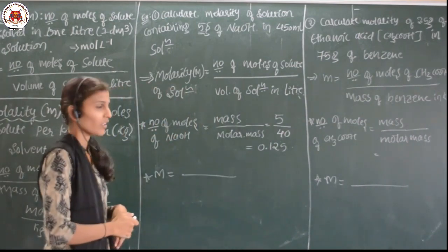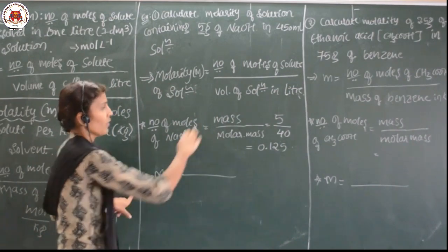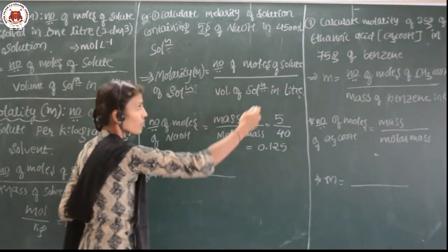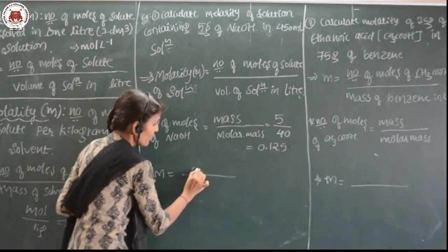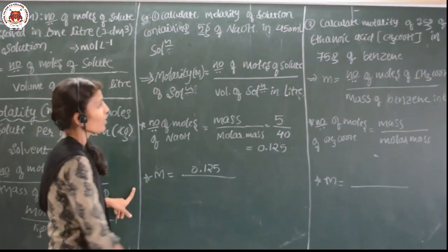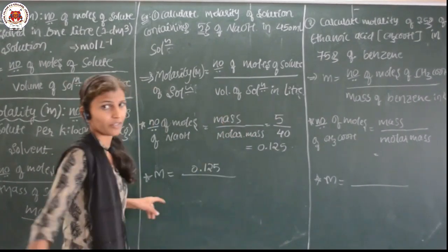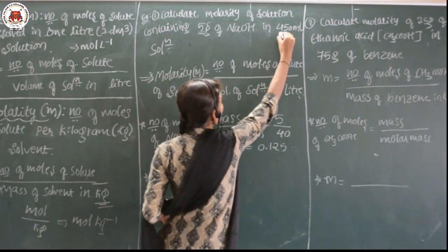Okay. So now we want to calculate the molarity, capital M. The number of moles of the solute, that is NaOH, is 0.125, divided by volume of the solution in liter. We have to write the volume of the solution in liter, but they have given it in ml.